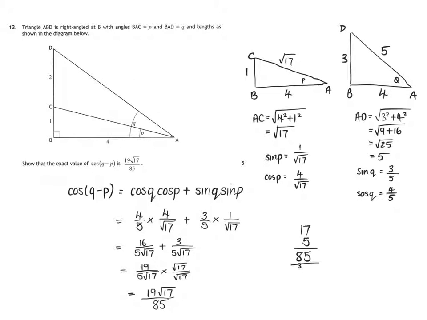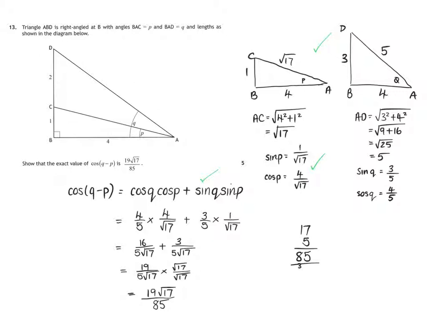Okay, so the marks for this question: the first mark is for getting the lengths of AC and AD, so the two hypotenuses. Your second mark is for the expansion done correctly. One mark for calculating two of sine P, cos P, sine Q and cos Q correctly, and if you get the other two correct you get that third mark, any combination of them.